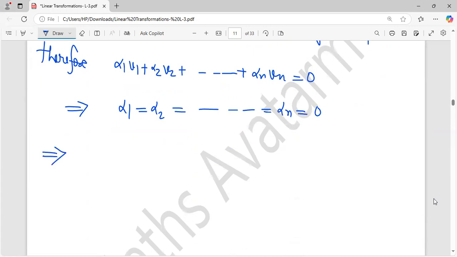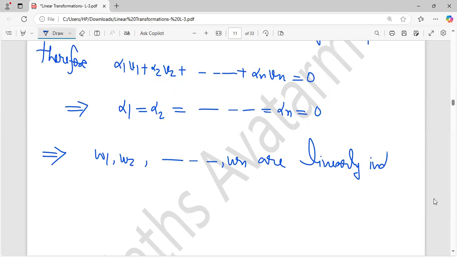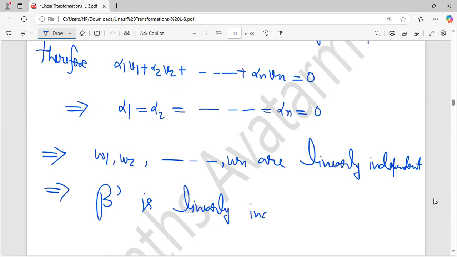So this implies w1, w2, wn are linearly independent. So this implies B dash is linearly independent.